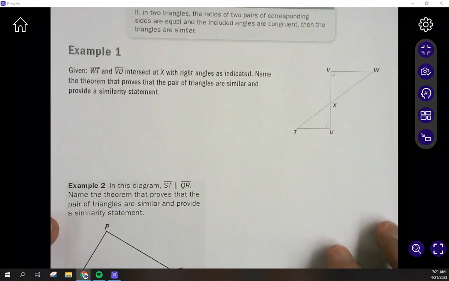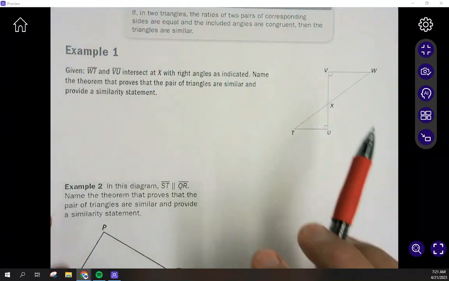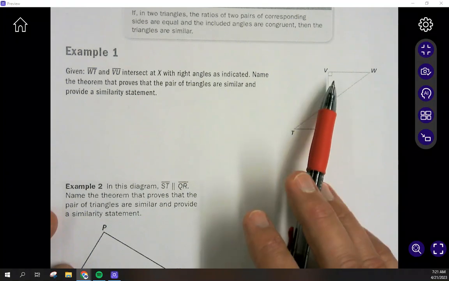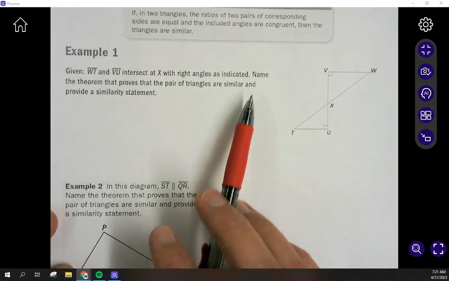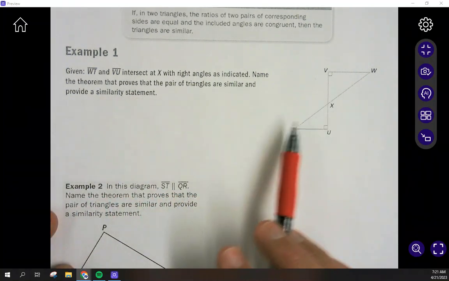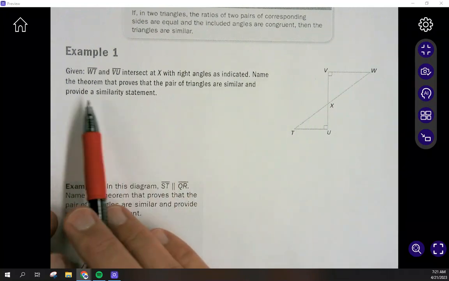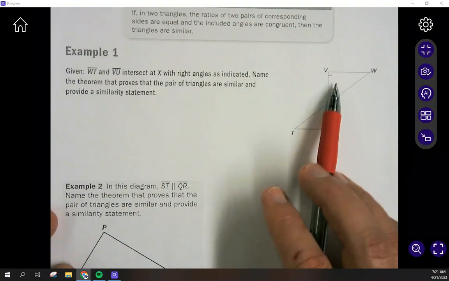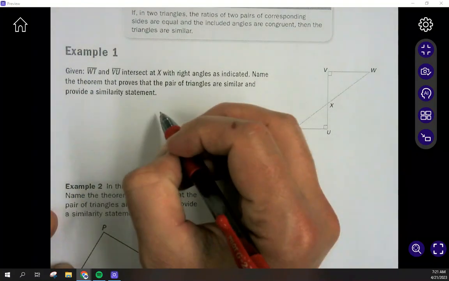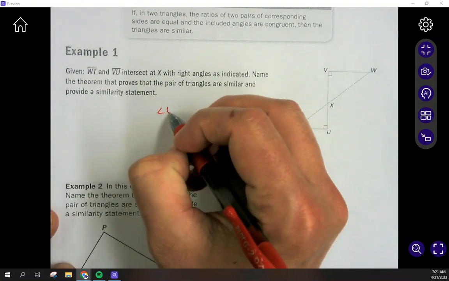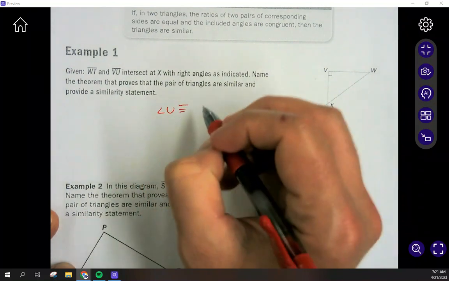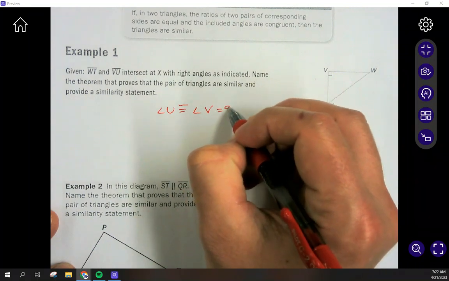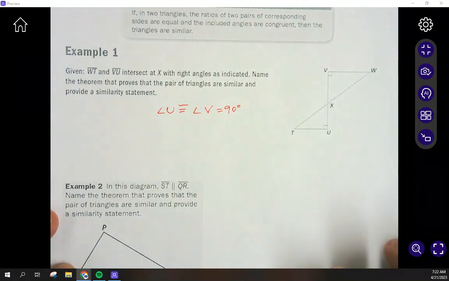So example number one. We have these two triangles and they tell you that WT and VU are intersecting at X. We have right angles here. Name the theorem that proves that this pair of triangles are similar and then provide a similarity statement. So first of all, because I have these two 90-degree angles, let's go ahead and write that out. Angle U is congruent to angle V because they are 90 degrees.